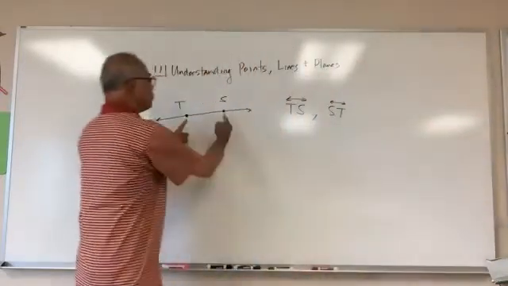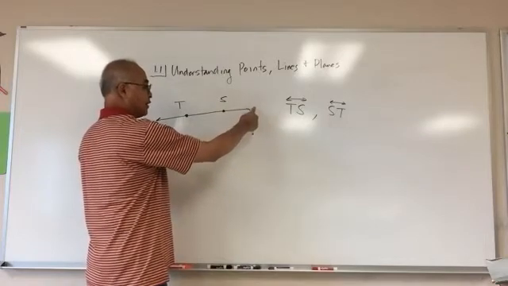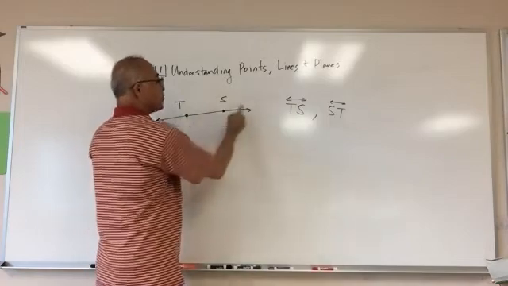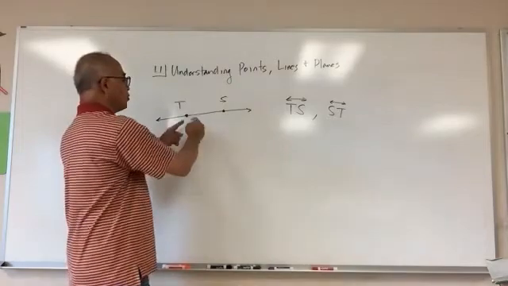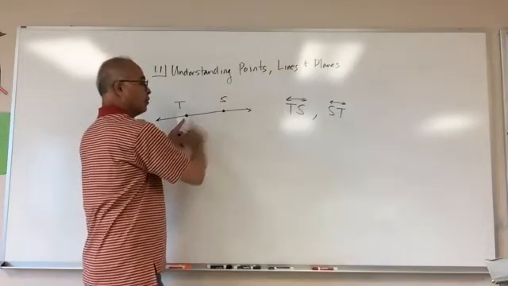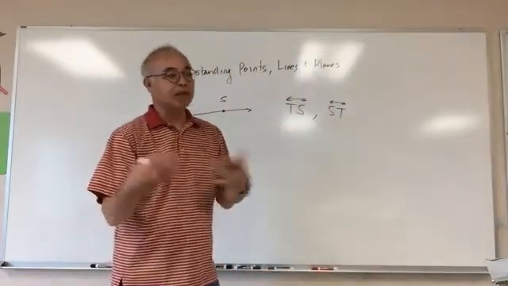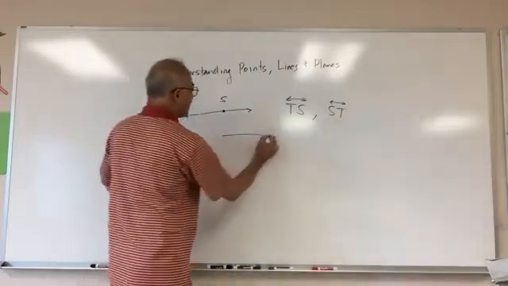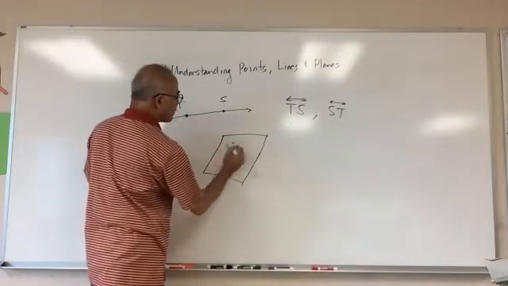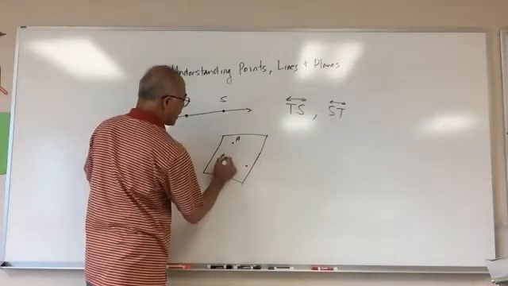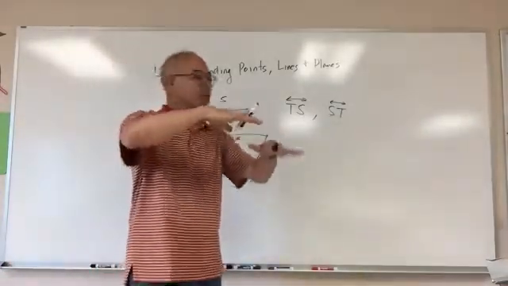Which kind of makes sense. You'd have to have 2 points to define a line, right? On a line, there's obviously an infinite amount of points, but to actually define a line, you would have to have 2 points. By the same token, to define a plane, you would have to have 3 points, whatever plane you're talking about here.